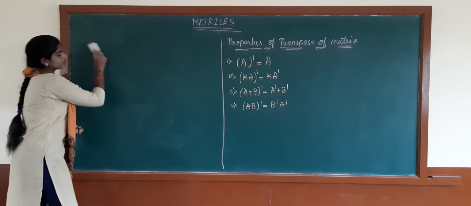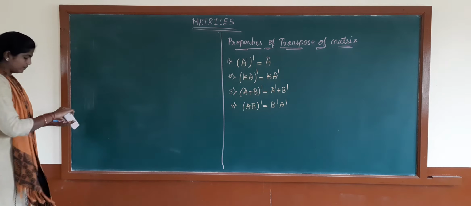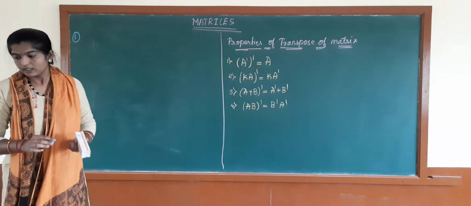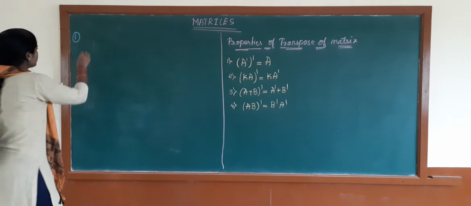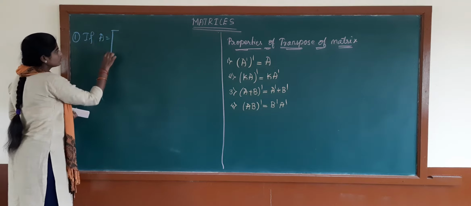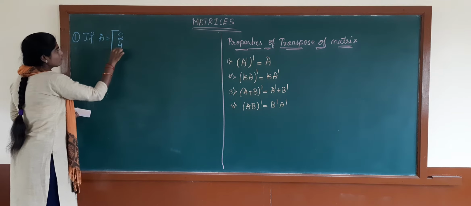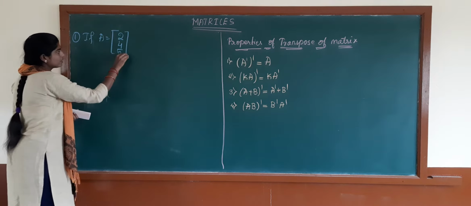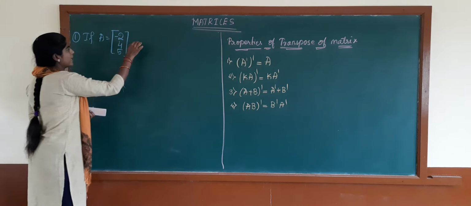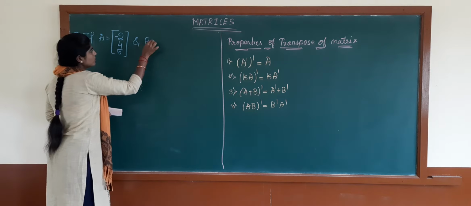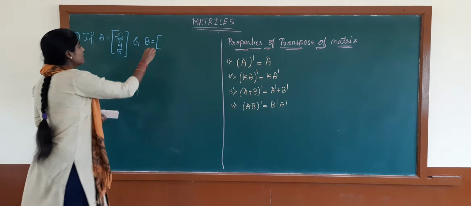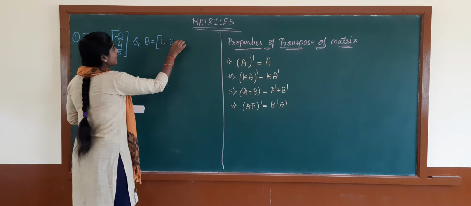Example 1: if A equal to minus 2, 4, 5 and B equal to 1, 3, minus 6.